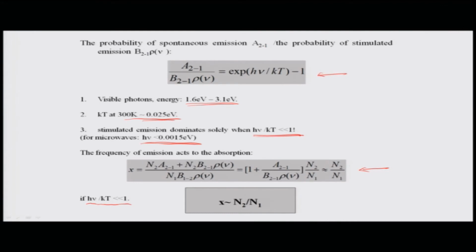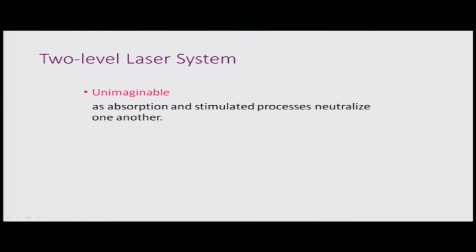That is the reason why, as I just mentioned, masers with microwaves are a much easier concept in principle than lasers, where these ratios are very unfavorable. Therefore a two-level laser system was in fact unimaginable, as absorption and stimulated emission processes neutralize one another.